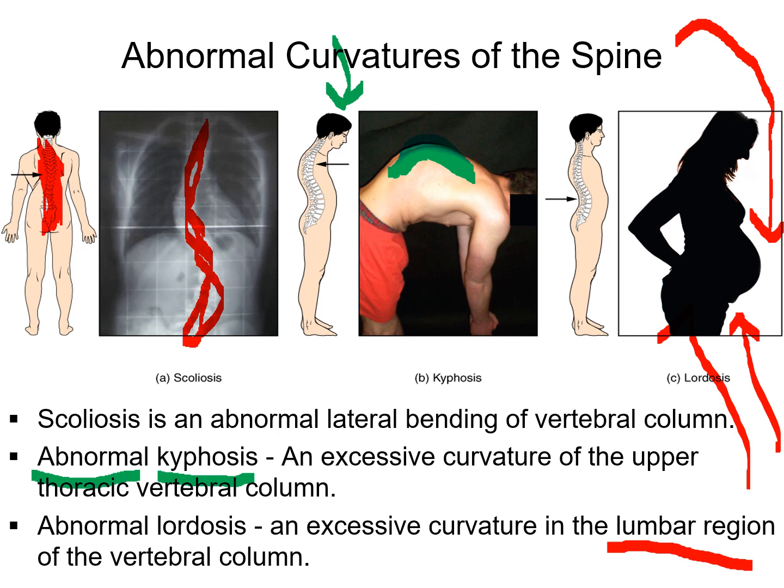So you get this overarching of the back. Now, the good news is that can go away after the baby's born. But other things can cause this too, like weight gain. If you have a lot of weight in the front part of your belly, that can cause the same effect as a pregnancy. So that's an abnormal condition.